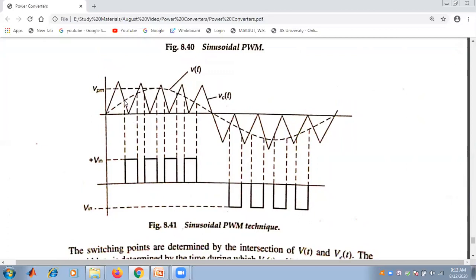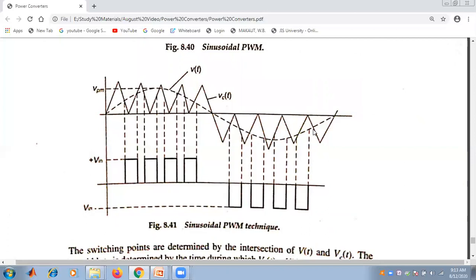This is one intersection point where the two graphs intersect, this is another, and another, and so on. This is for the positive half cycle, and this is for the negative half cycle, the intersecting points of the two graphs.